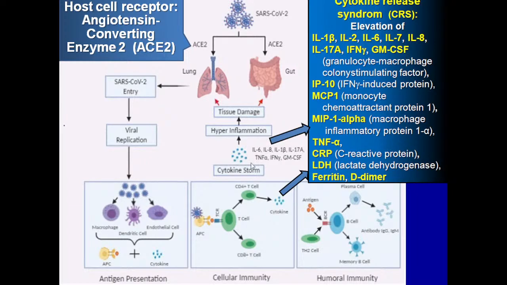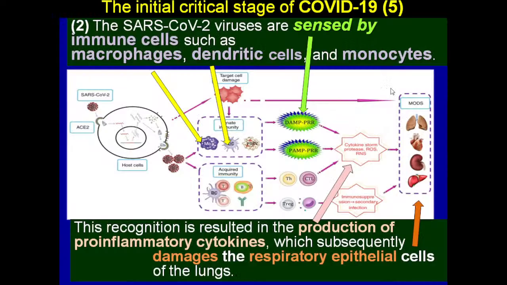They are all here. Then you can see the release of macrophage inflammatory protein, tumor necrosis factor alpha, C-reactive protein, lactate dehydrogenase, then ferritin and D-dimer. These are the cytokines that cause the so-called cytokine storm.